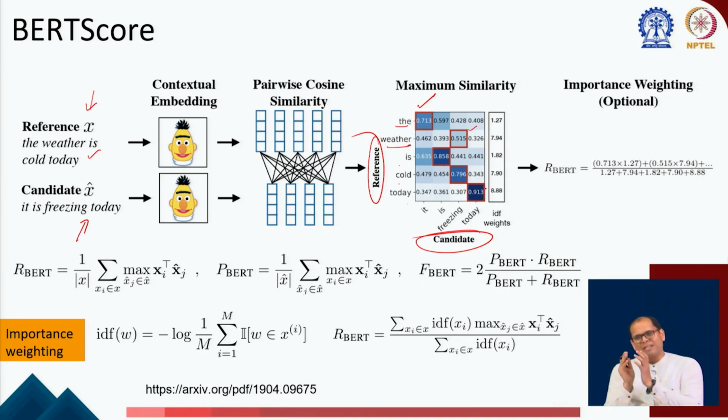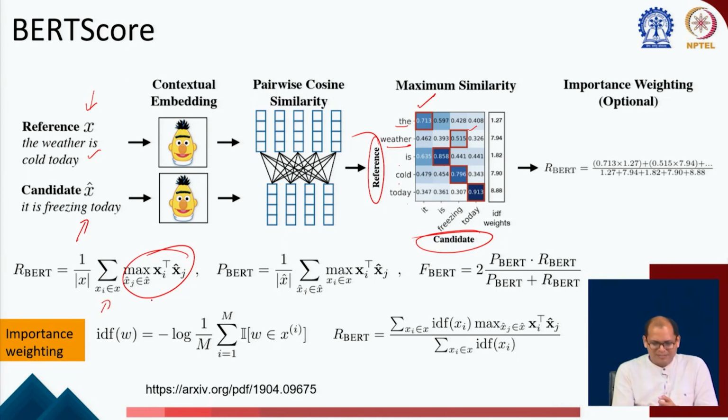So you find the maximum similarity for each word in the reference with the candidate, and take an average across the reference words. This is how you compute recall.